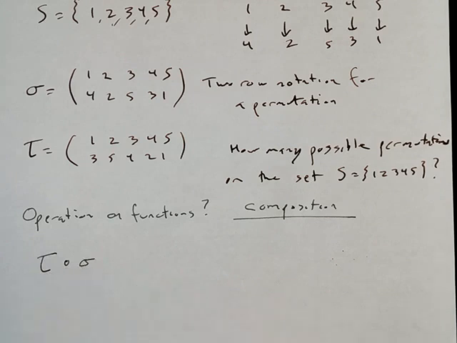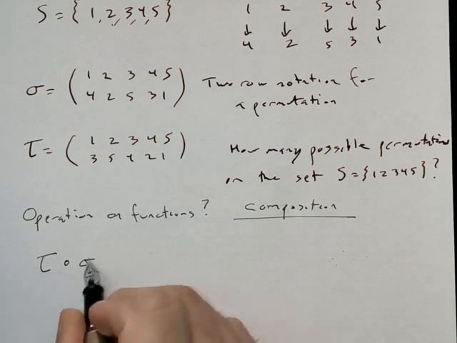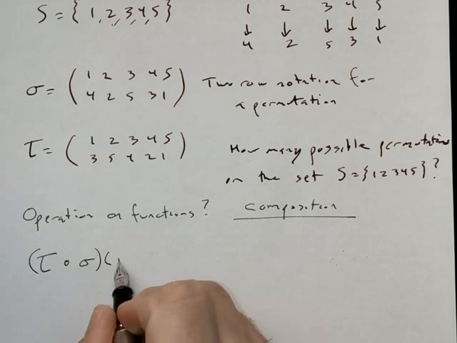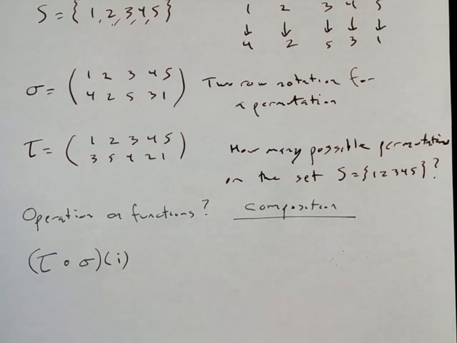Function composition would mean I would do one function and then the other, right? And I got to plug in numbers. So I'm going to say that this is acting on some number.